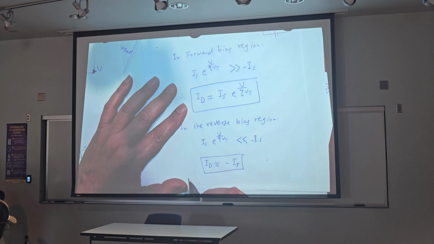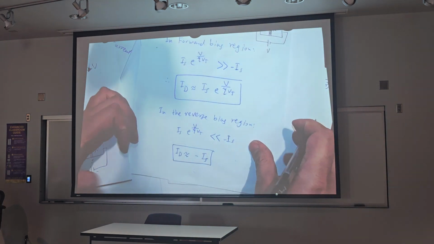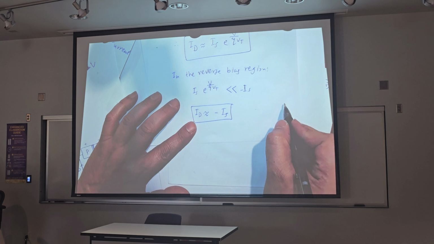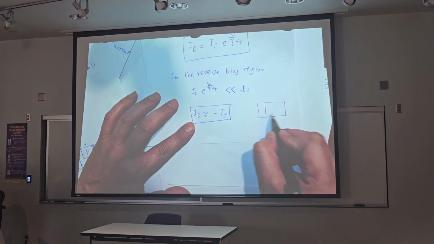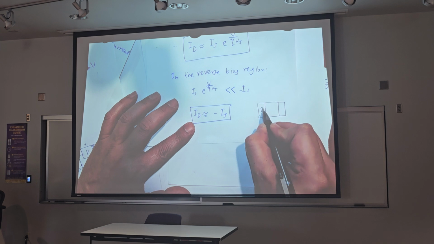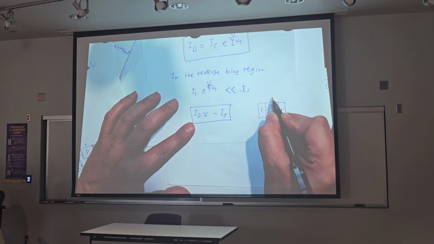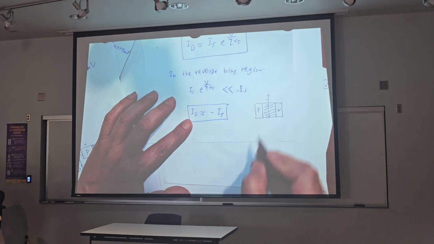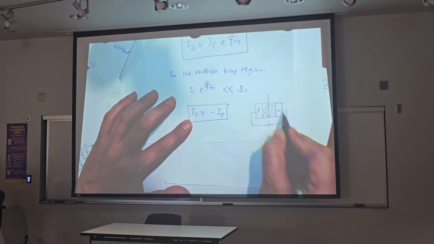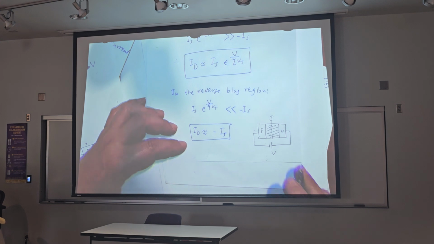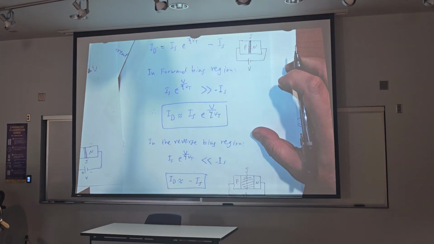But for reverse bias, no: this P and this junction is a wide junction. It's forward and this is reverse. See the difference?